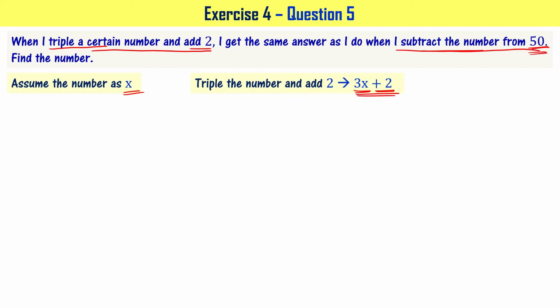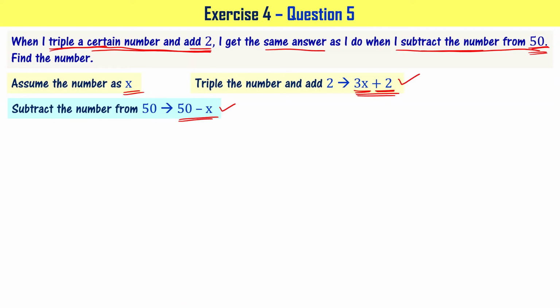When you subtract x from 50, you're getting the same number. That's what they say, right? That is equal to 50 minus x. As per the problem statement, 3x plus 2 and 50 minus x are same, right? That is what it says. I triple a certain number and add 2, I get the same answer as I do when I subtract the same number from 50. So 3x plus 2 is equal to 50 minus x. This is the equation we have to solve.